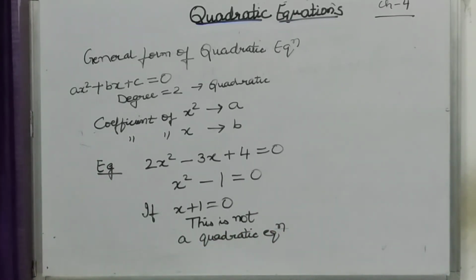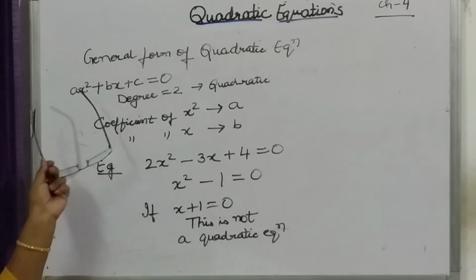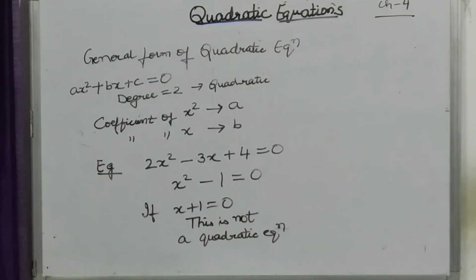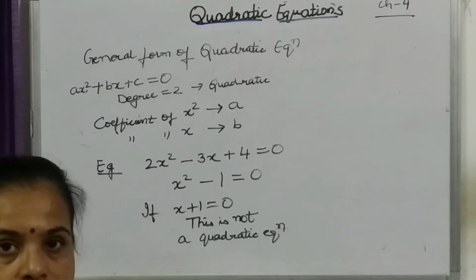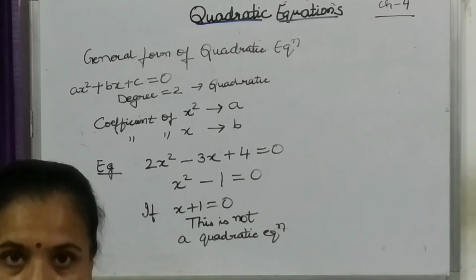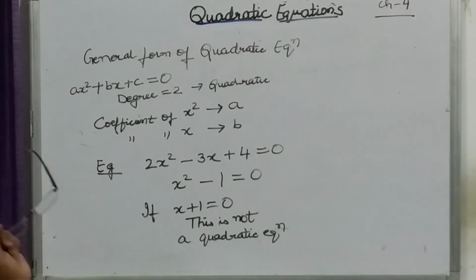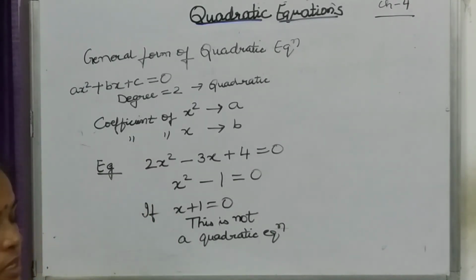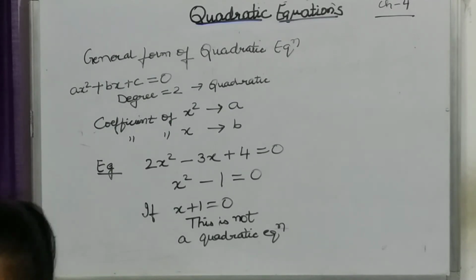So whenever I want to know whether my given equation is a quadratic equation, it has to be of the form ax squared plus bx plus c is equal to 0. That means the degree of the quadratic equation should be 2. Right? Now, the kind of questions which may come in this format, you can see in some of the examples of your book.